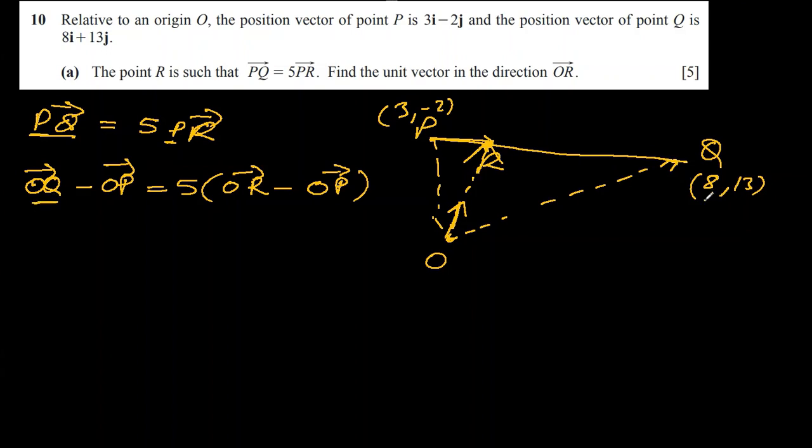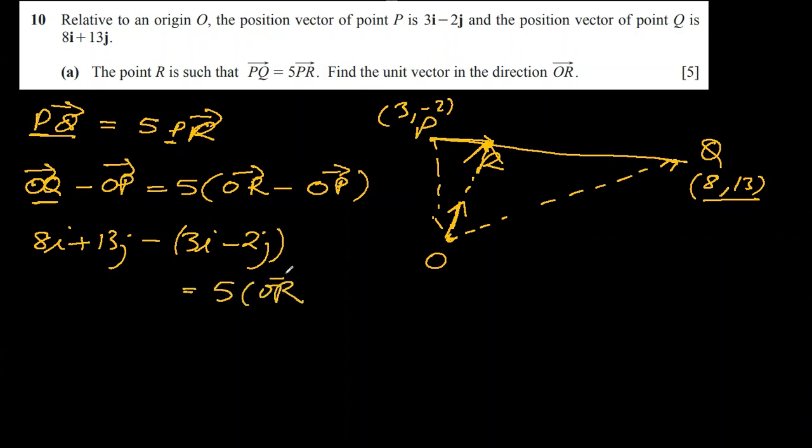OQ is known to us, 8i plus 13j, minus OP, which is also known, 3i minus 2j, equal to 5 times OR, which we don't know, minus 5 times OP. Let me separate them. 5 times OP, and OP was 3i minus 2j.